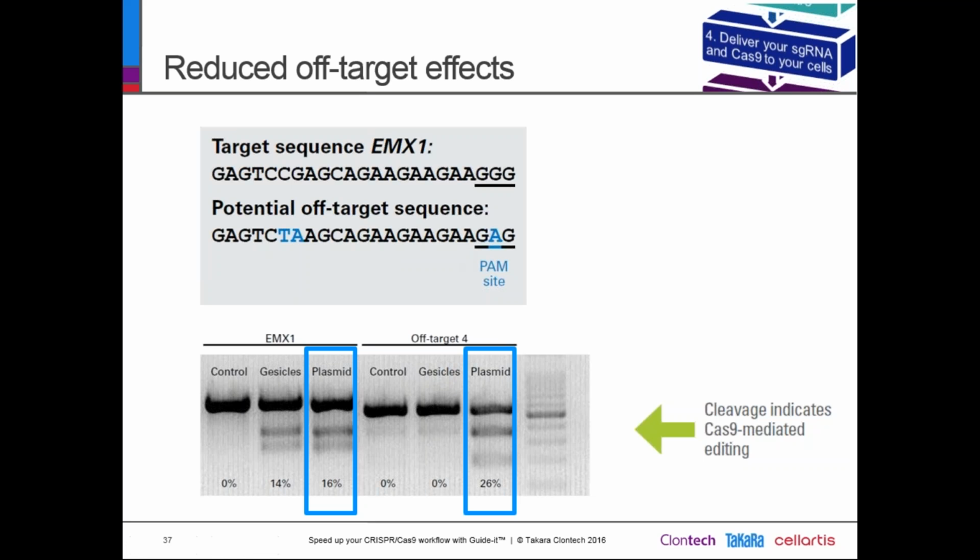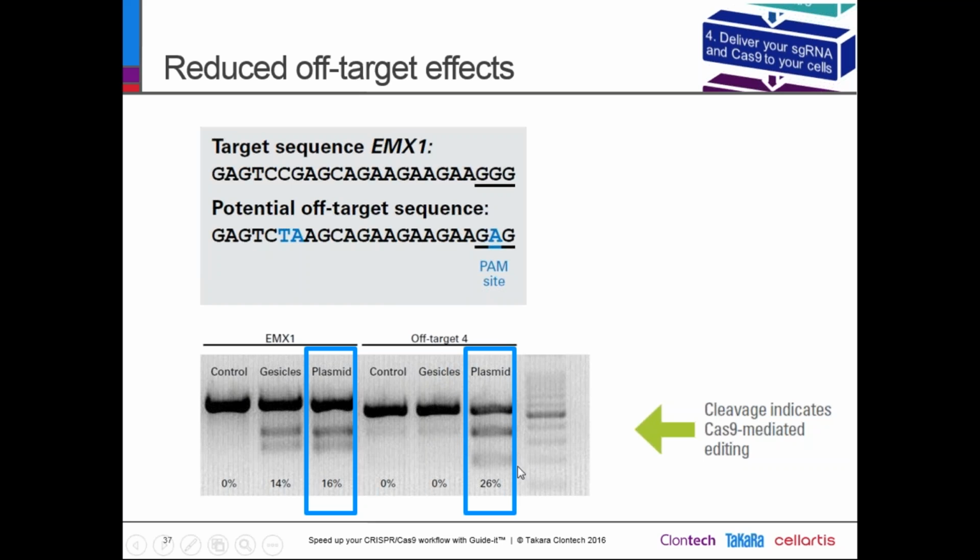This experiment has been done in HEK cells, which are very easy to transfect. As you can see here with plasmid delivery, these lower bands indicate gene editing in a mismatch detection assay. We could achieve about 16% mutation frequency here in the population.